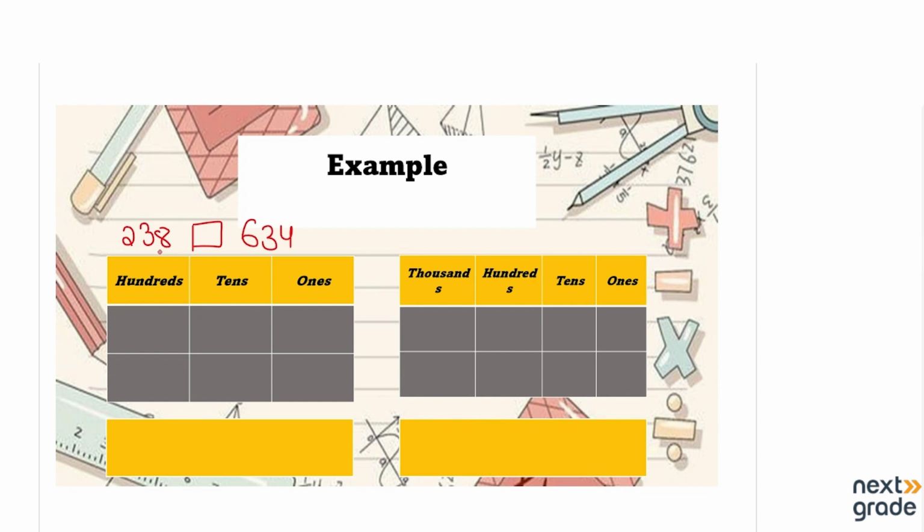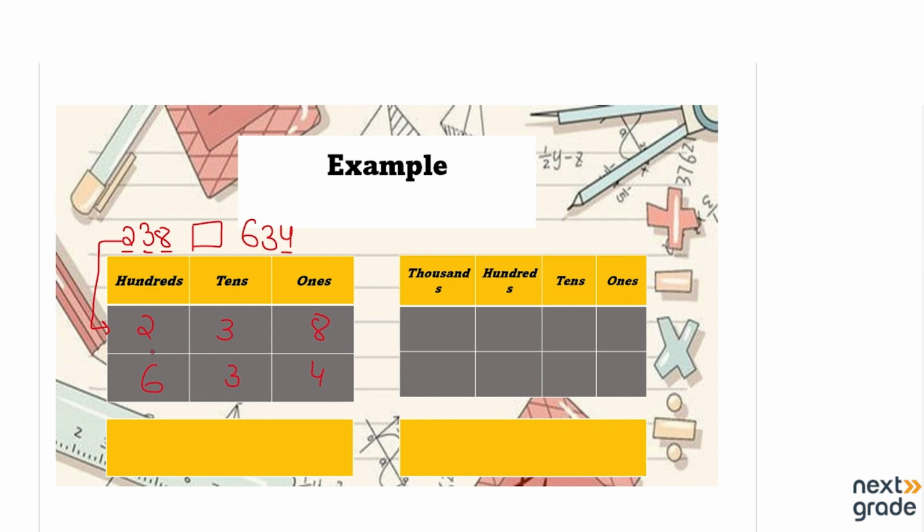First of all, I'm going to place this number 238 over here. 8 will go in ones, 3 will go at tens, and 2 will go in hundreds. Likewise, 634 will be written as 4 in ones, 3 in tens, and 6 in hundreds.